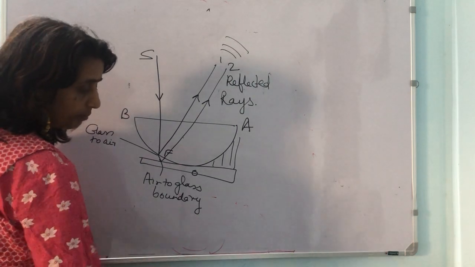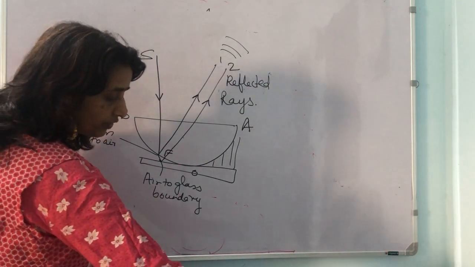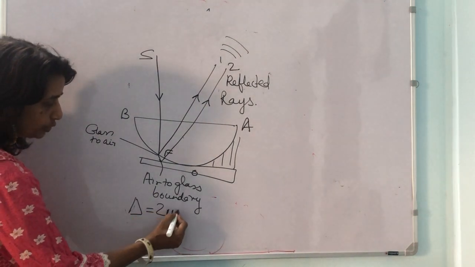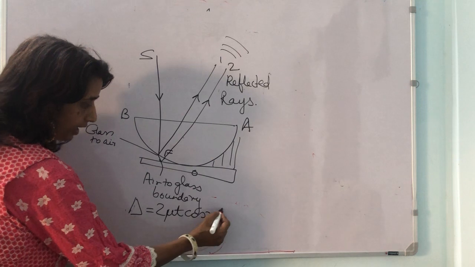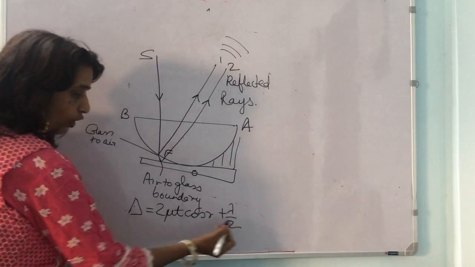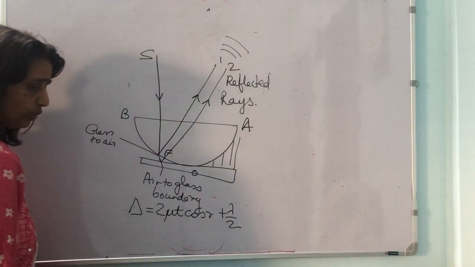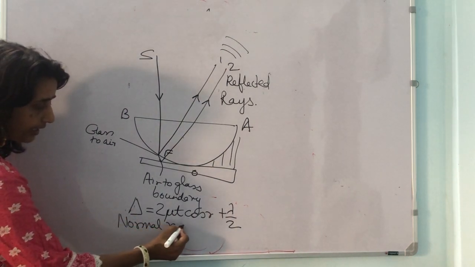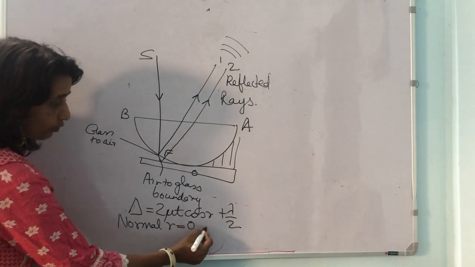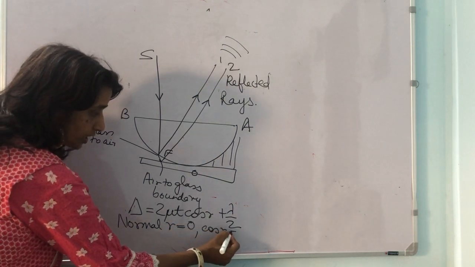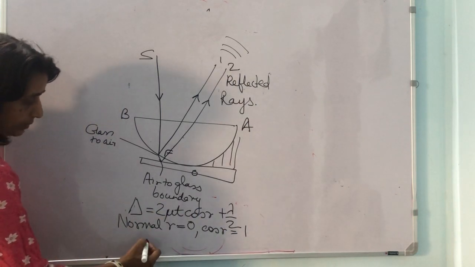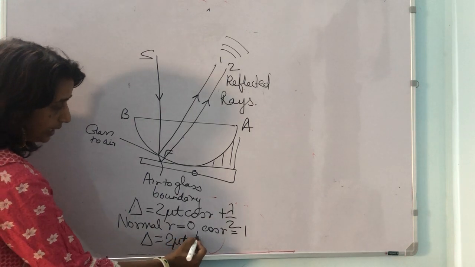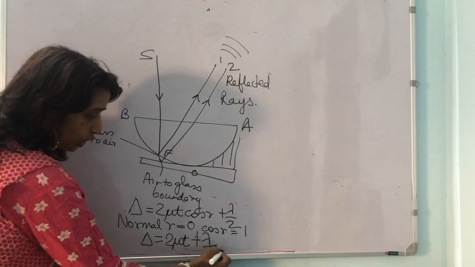So what is the formula for the path difference of interference in thin films due to reflected light? Delta is equal to 2 mu t cos r plus lambda by 2, or you can also do minus lambda by 2. Now for normal incidence, normal means r equal to 0, and cos 0 is equal to 1. The path difference becomes 2 mu t plus lambda by 2.